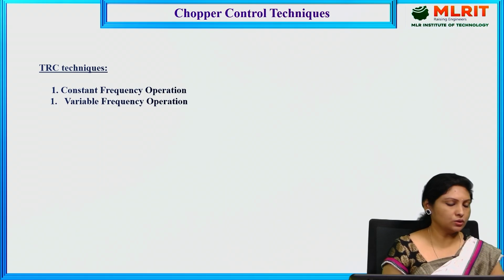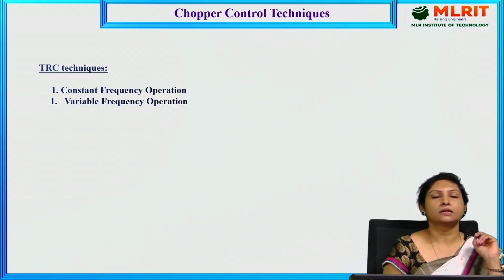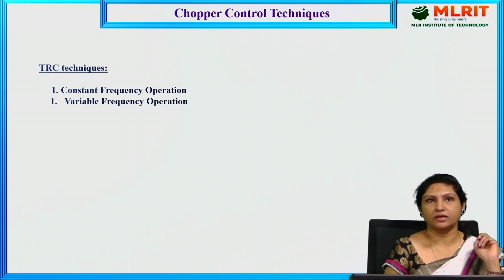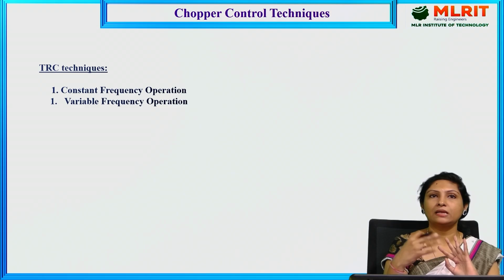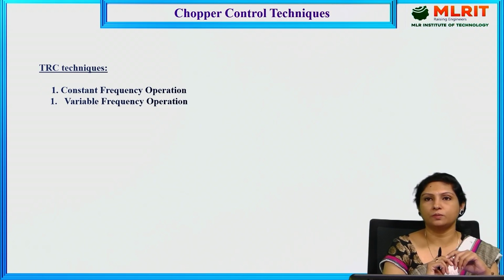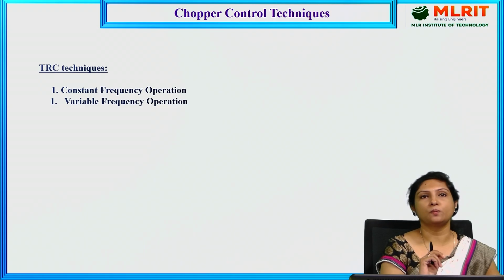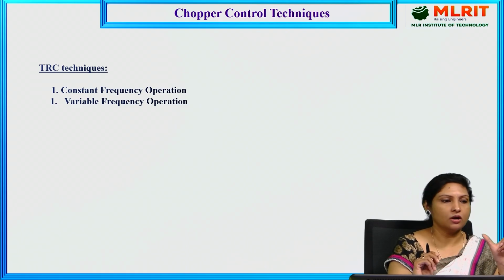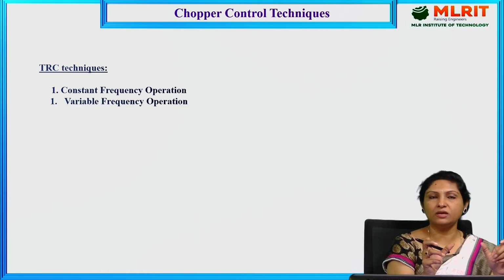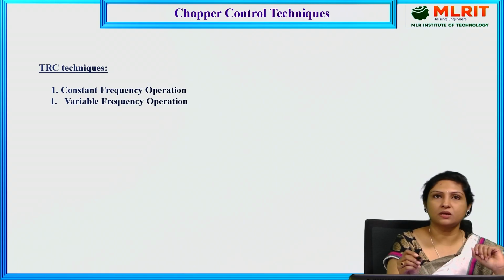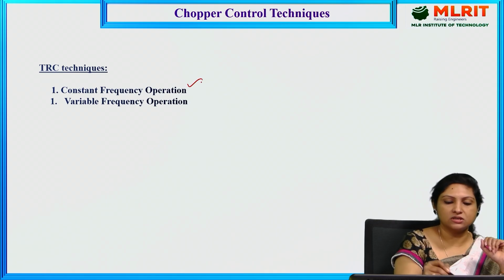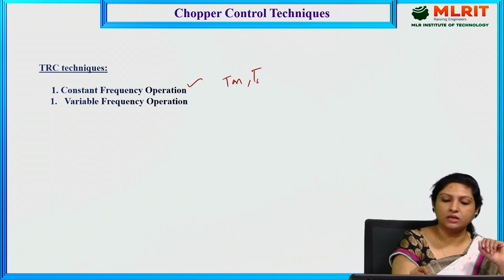And then coming to the chopper control techniques, here we have time ratio control techniques. That is, we can maintain constant frequency operation, or otherwise we can obtain variable frequency operation. In constant frequency operation, we vary T on as well as T off such that the total time period remains constant.